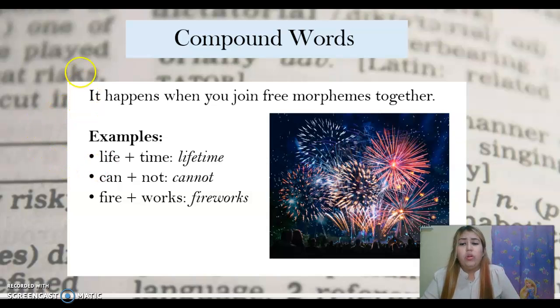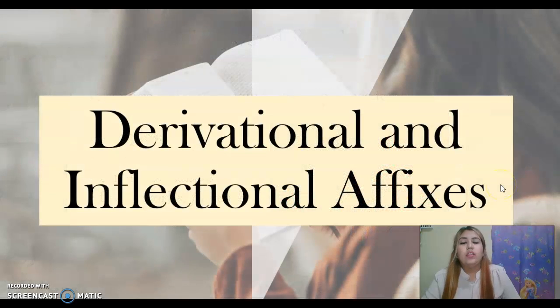For example, the word life plus time gives a new word, which is lifetime. The same in the next examples: can plus not, cannot, or fire plus work, fireworks, as you can see here in the picture.